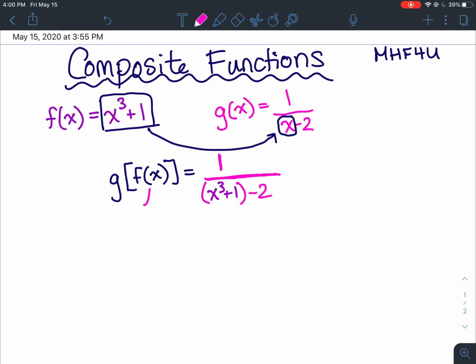But for our input, we replaced the x term in g of x with our f of x function. So it's kind of a function within a function. And then I could simplify that further to be 1 over x cubed minus 1. So that's what a composite function is.